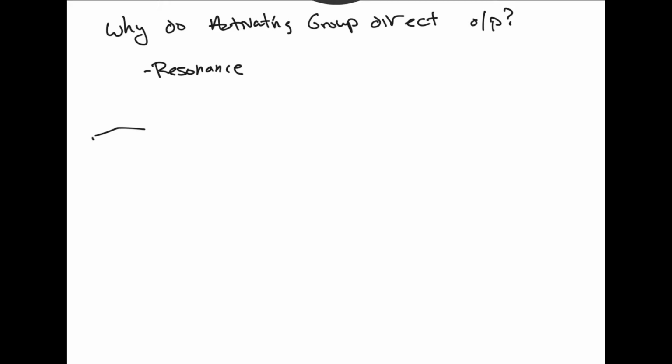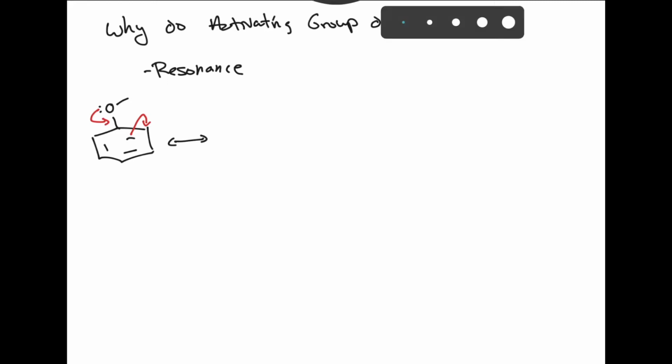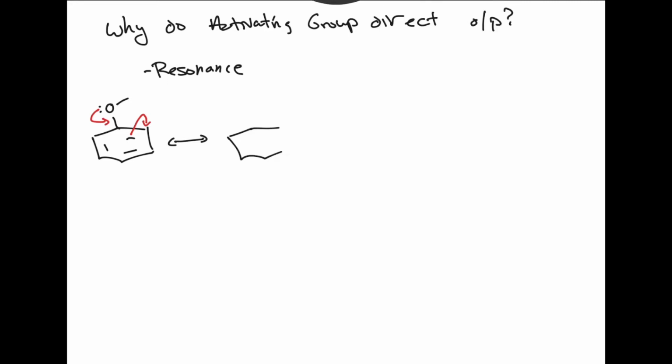So let's start with anisole. That's the easiest one, right? I've got these lone pairs on my oxygen, so I can use those lone pairs to push electrons down and push them out on the ring. So then I get this negative charge on the ortho position, and I've got a negative charge beside a double bond, so I can draw another resonance structure.